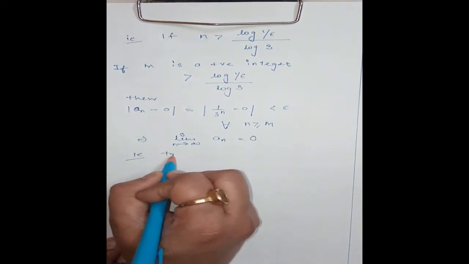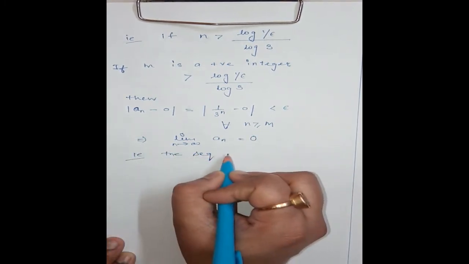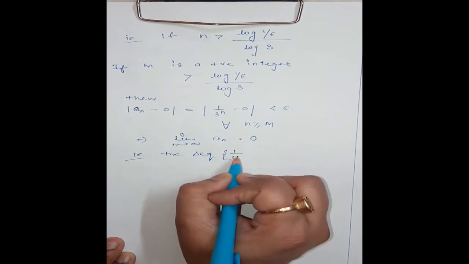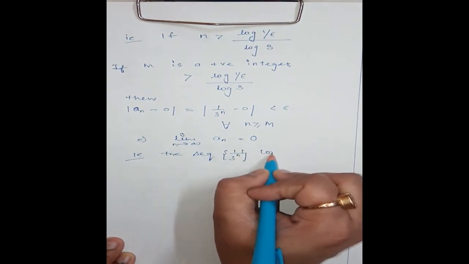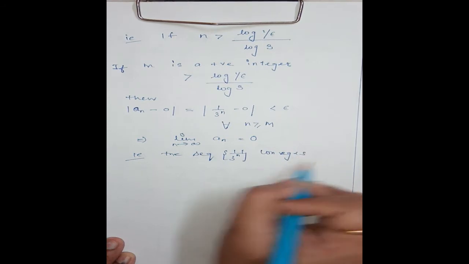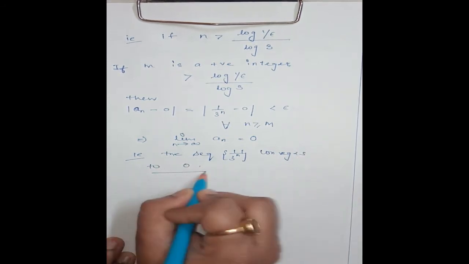That is, the sequence 1/3^n converges to 0. Clear?